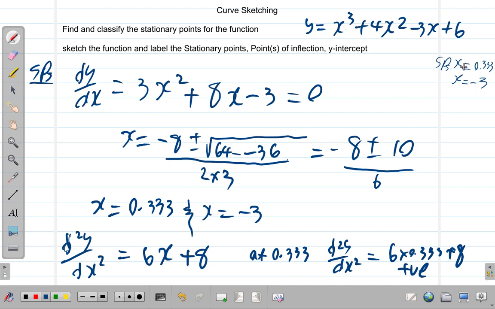At x equal 0.333, it's a minimum. It should be a maximum at the other point.